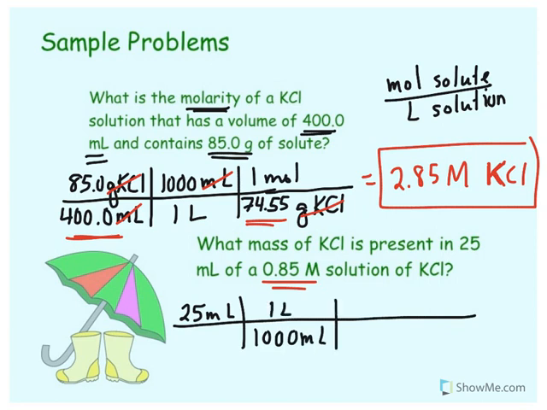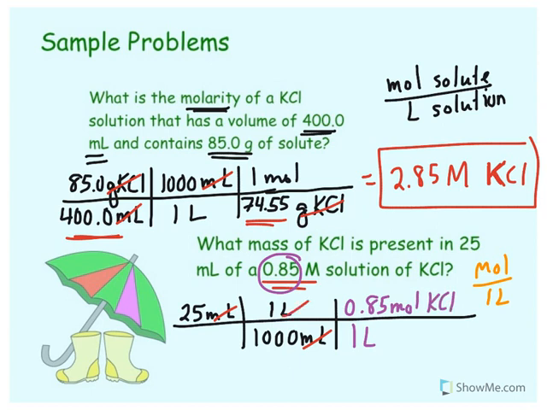Alright, so now you might be thinking, well, I don't see anything in this problem that has anything to do with liters. I just see a big old M. Ha-ha! But remember, the M is moles per 1 liter. Aha! So what we do is we take our 1 liter and this number, this 0.85, that's how many moles of KCl there are. Okay?